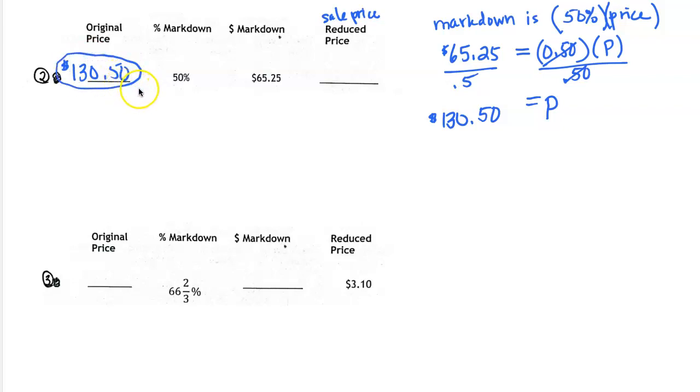Something to think about is if the markdown is half, then the markdown dollar amount should be half of the original price. So that amount makes sense. To find our reduced price, we're going to take the original price minus the markdown.